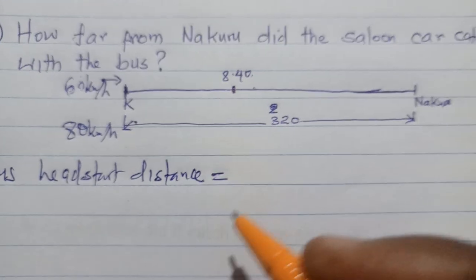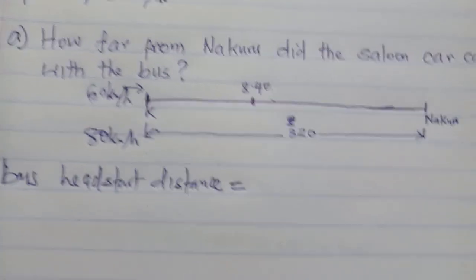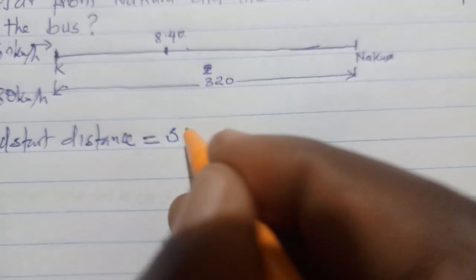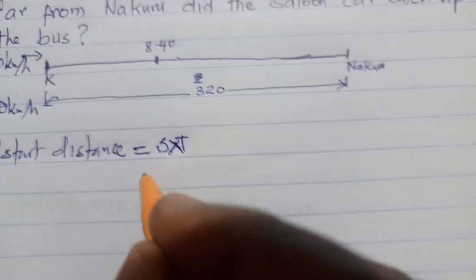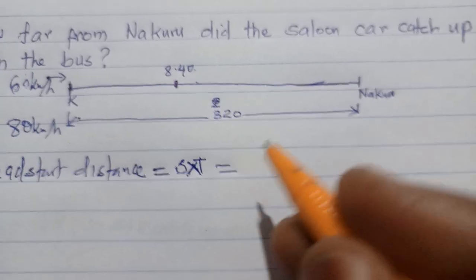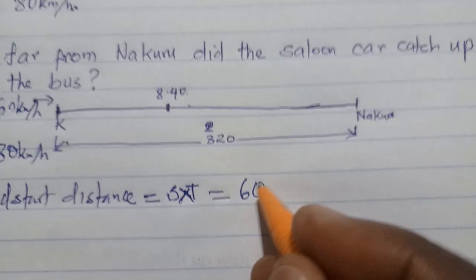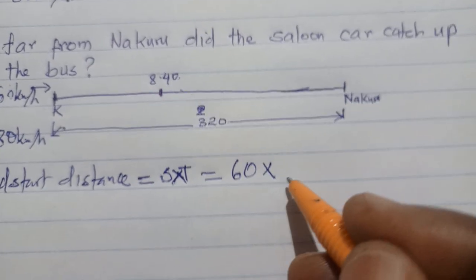And we know that distance is equal to speed times time. So the distance that the bus has covered in 40 minutes is its speed, which is 60 kilometers per hour, multiplied by 40 minutes.